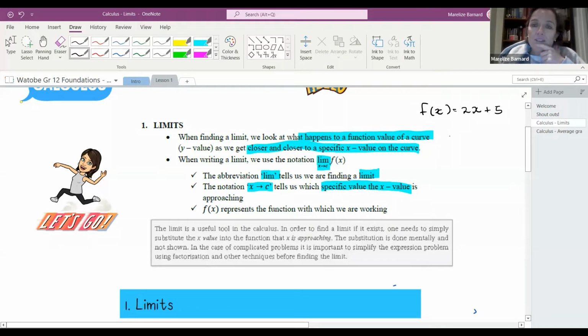So I will say, what is the limit as I make my x get closer to a -5, for instance? Okay, we're going to see now how to work out that limit. It's quite straightforward, but it's just that idea of as my graph approaches this x value, what is my y value doing?